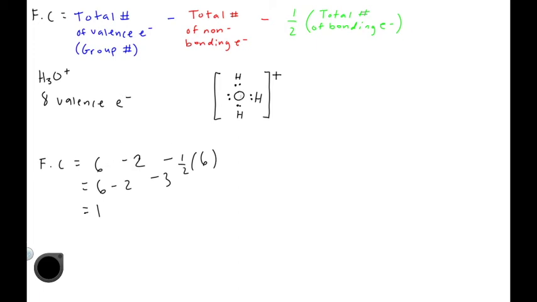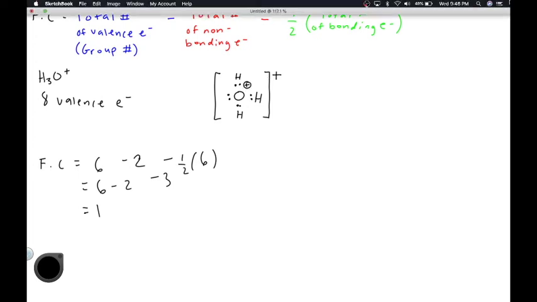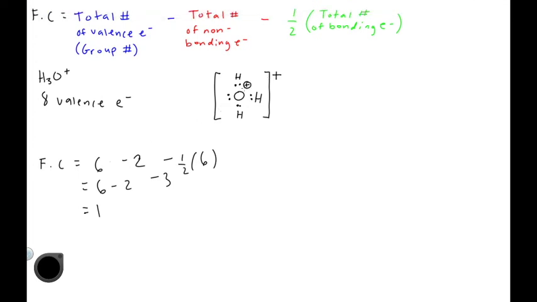So we'll just add a plus sign next to the oxygen atom. And this indicates that the oxygen has a formal charge of plus 1, and each of our hydrogen atoms has a formal charge of 0.